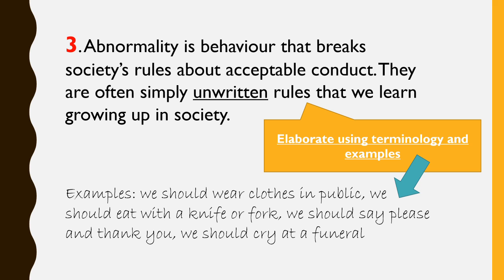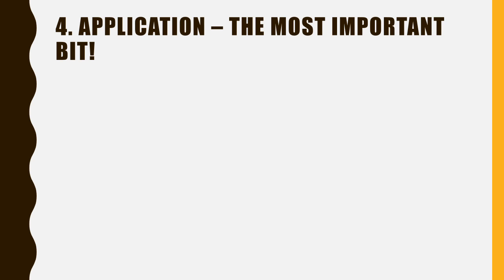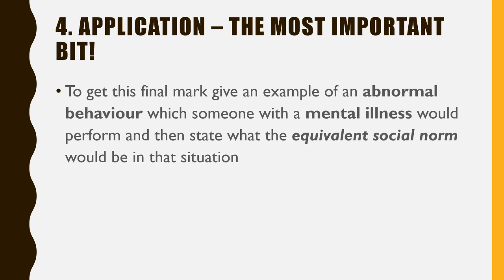Now, if we move on to section number 4, which I said is the most important bit, you've got to be able to apply. For this particular definition of abnormality, you have got to give an example of an abnormal behaviour which someone with a mental illness, OCD, depression or phobias, would perform, and then state what the equivalent social norm would be in that situation.